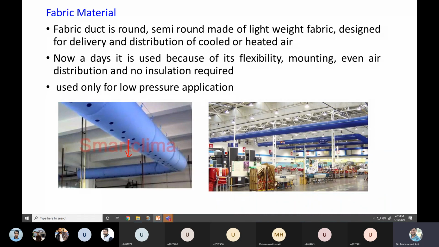You can move this ducting very easily from place to place. Compared to the ducting made of galvanized iron or aluminium, this type of ducting can easily be moved from one place to another. This is flexible in mounting and dismounting, and this is a portable type of ducting material.